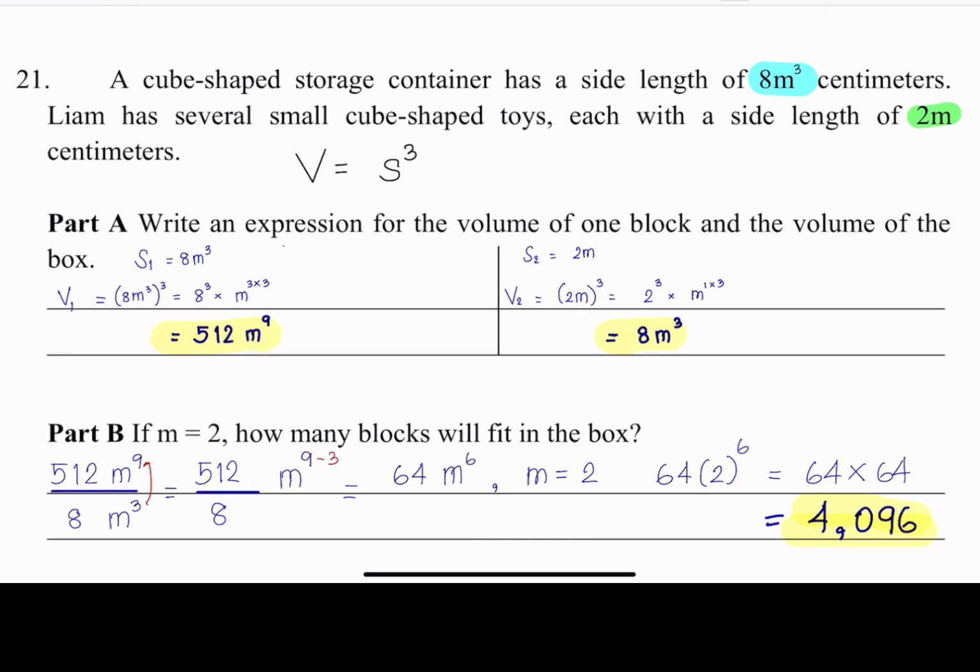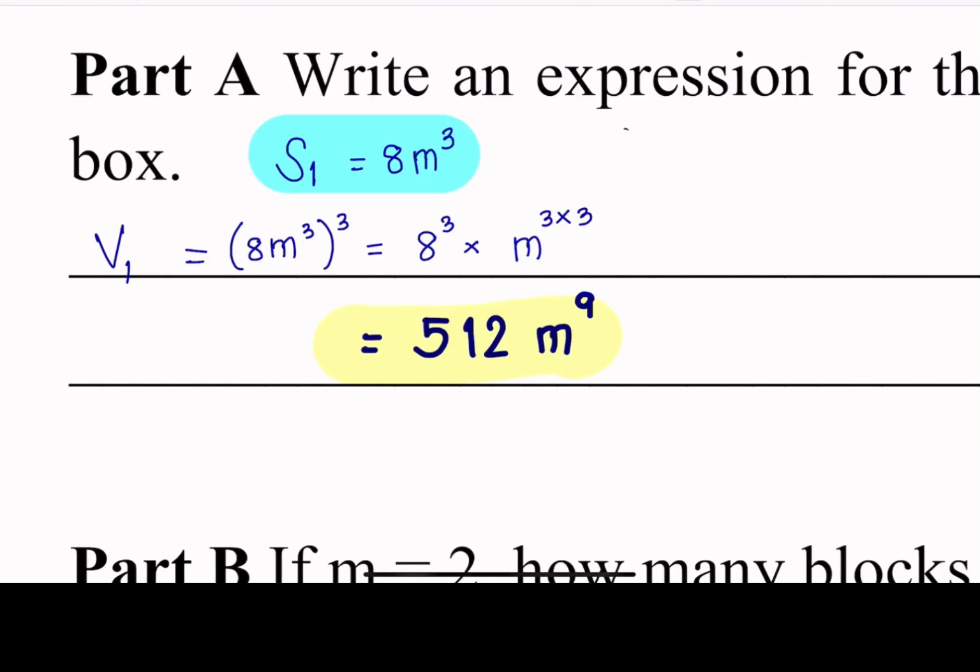I just name it S1, or side 1, is equal to 8m cubed. Remember, a box has a volume of s cubed. If our s is 8m cubed, then 8m cubed is raised to the power of 3.